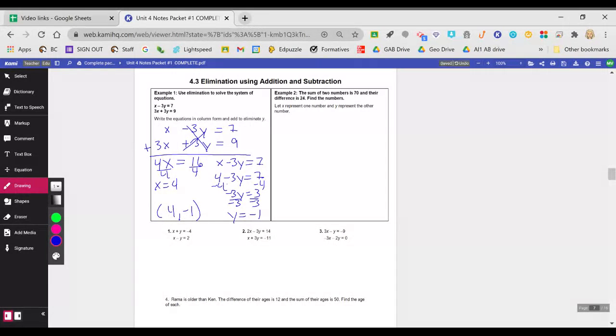Example 2. The sum of two numbers is 70, and their difference is 24. Find the numbers. So I gave you the let statement: let x equal one number and y equal the other. So the sum is 70, so that means x plus y equals 70. And the difference is 24, so that means x minus y equals 24.